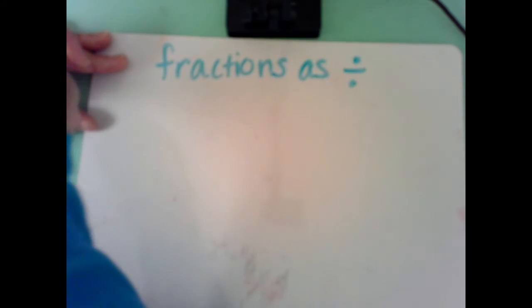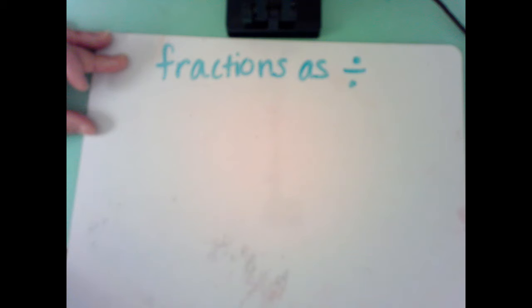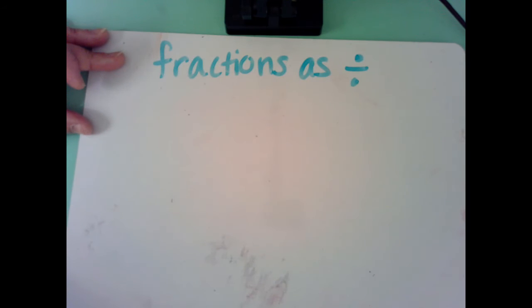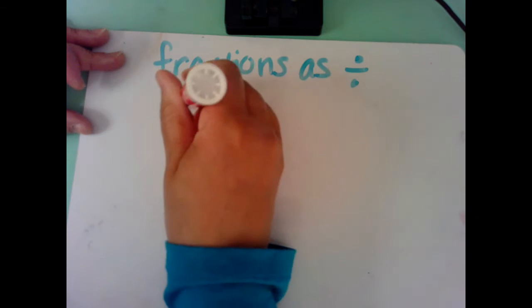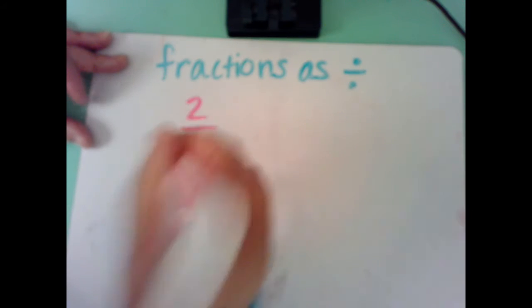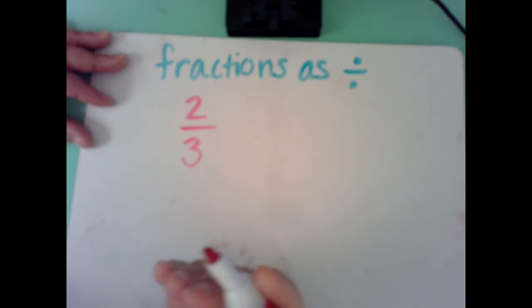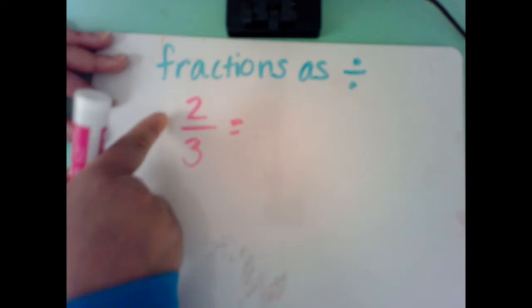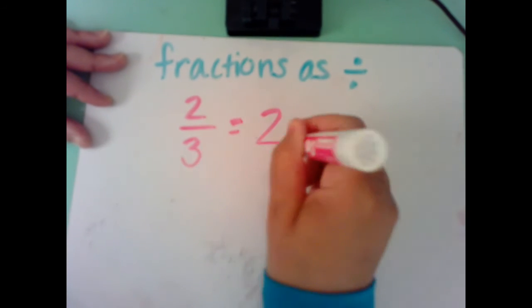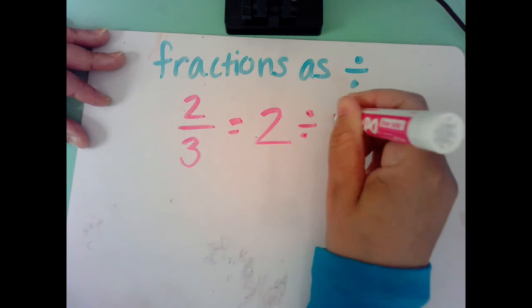And if you're in my class, and I'm sure if you were in Mrs. Williams' classes, you talked about how every fraction is actually like a little division expression. So, for example, if you have the fraction 2/3, that's actually the same as 2, the numerator, divided by 3.